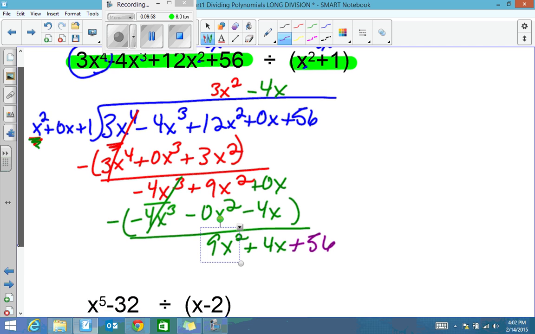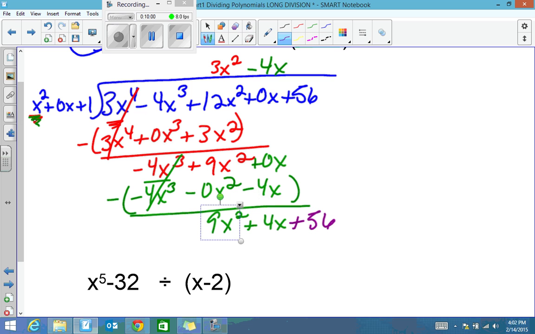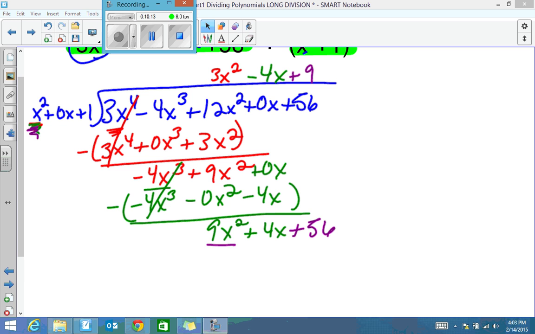So now, again, we ask the question, what do we multiply x squared by to get 9x squared? And the answer would be just 9. So we're going to write that 9 above a constant term here. And now we distribute that 9.